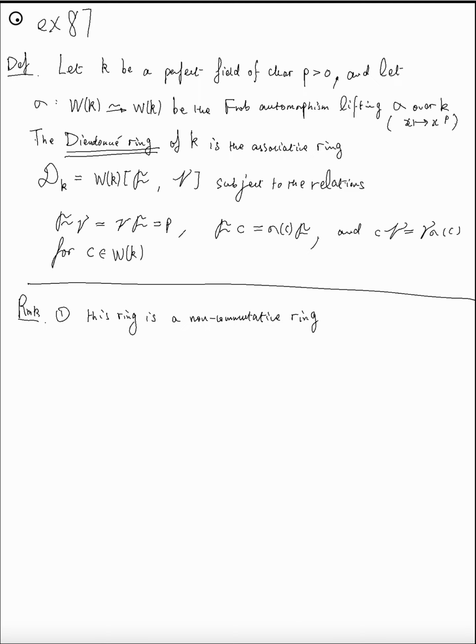In that case, the Frobenius acts trivially on Z_p, and this is isomorphic to just Z_p[X, Y] quotient by XY minus p.